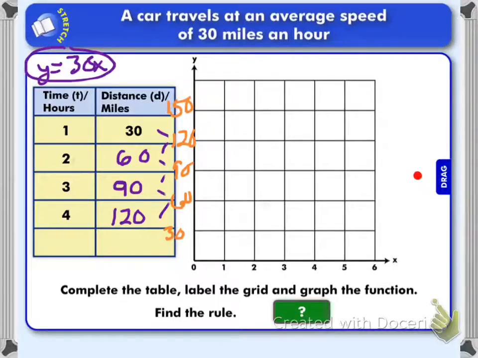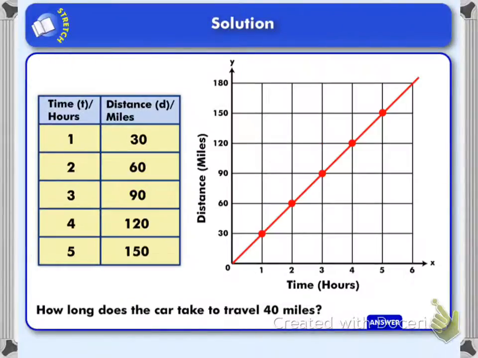Okay, so now I'm going to graph 1, 30, 2, 60, 3, 90, for 4, 120. So again, I should be able to lay down a straight edge, and if I graphed it properly, all the points should lie right on that line.